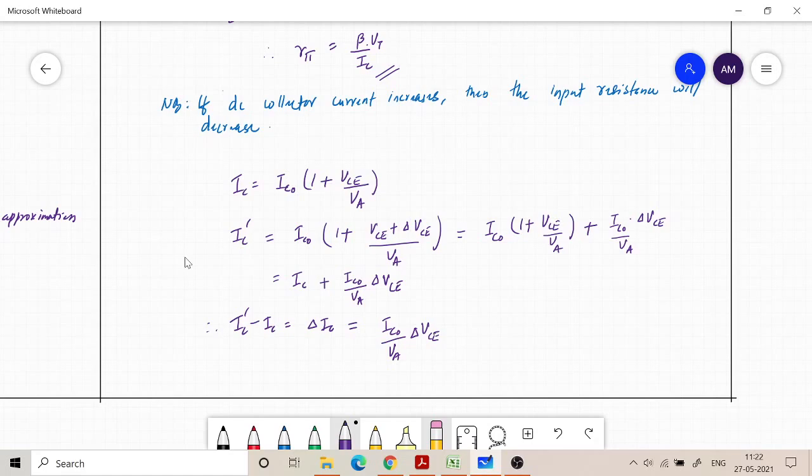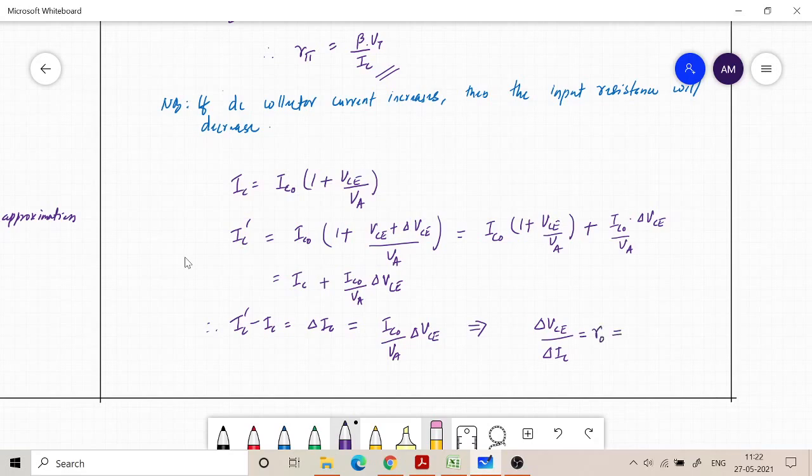I can invert this and write delta VCE by delta IC, the ratio of output voltage to output current. This is basically my R0, the output resistance.